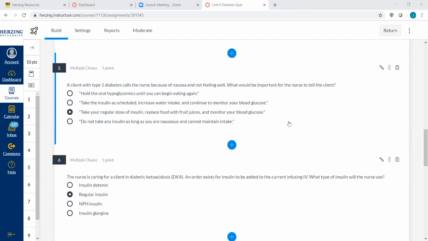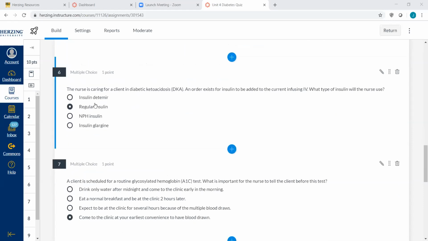That's what you would tell them. And then this DKA question. The nurse is caring for a client in DKA. The order exists for insulin to be added to the current infusing IV. What type of insulin will you use? It's always going to be regular insulin, never anything else.